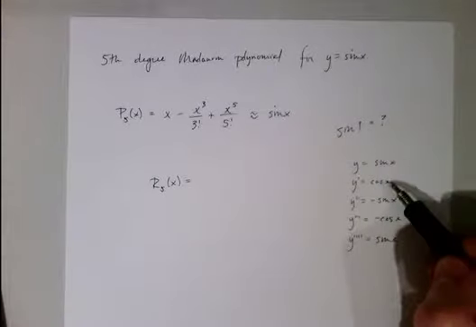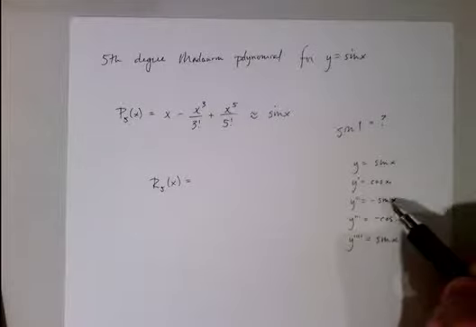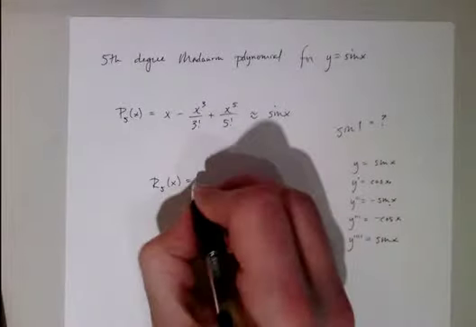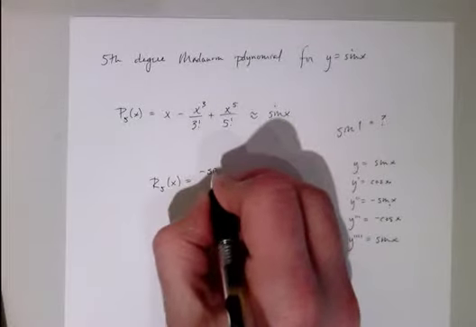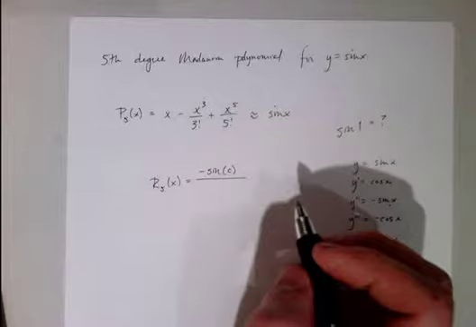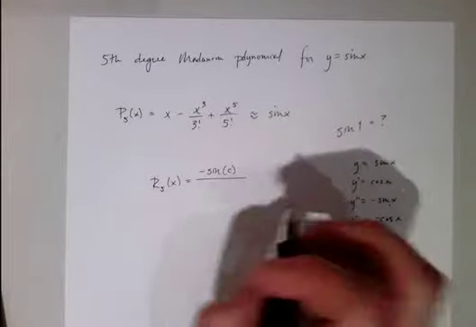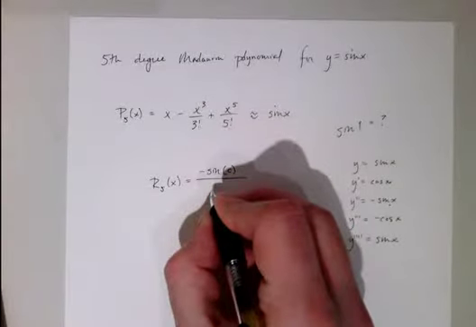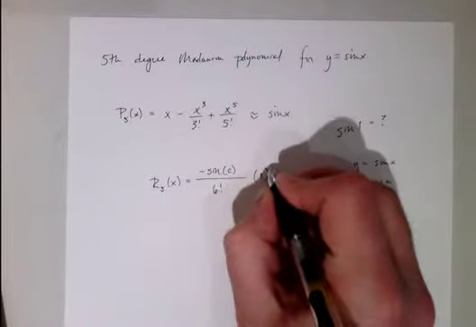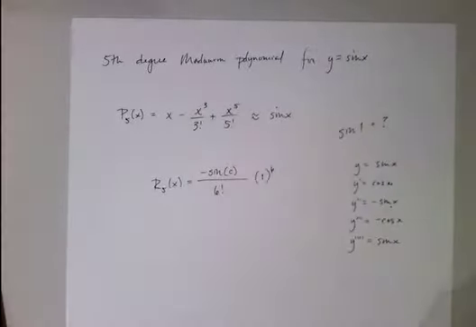So the 5th derivative is cosine x, and the 6th derivative is negative sine x. So I'm looking for negative sine of c. I'm looking for the maximum value of negative sine. Now, I also know that I'm going to put 6 factorial down here, and I'm going to put 1 to the 6th out here, right?